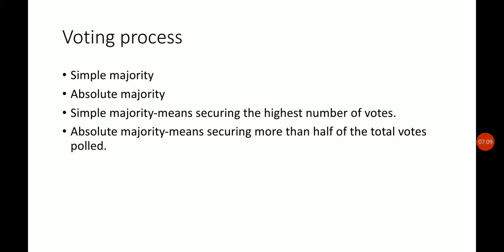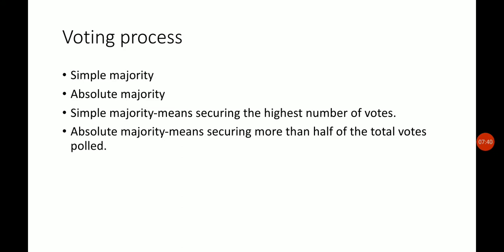For example, there are three candidates A, B and C, and A has scored a maximum of 15 votes out of a total of 20, and the others have got fewer votes. That means he has got a simple majority, having scored the maximum votes in that area. So that is considered a simple majority.